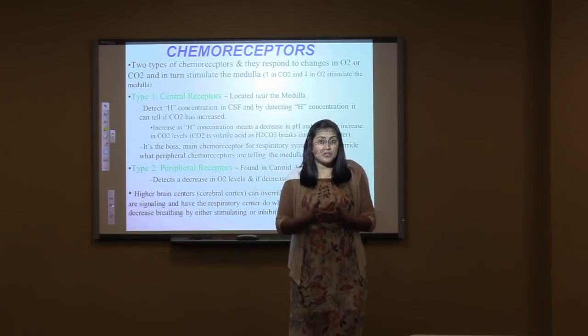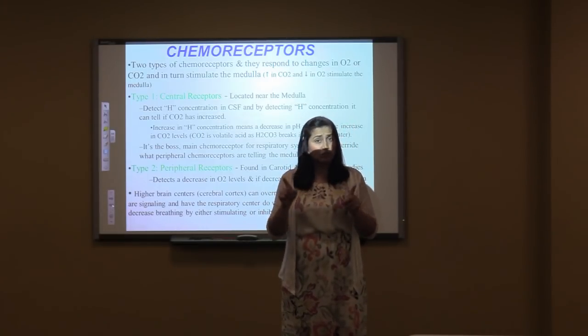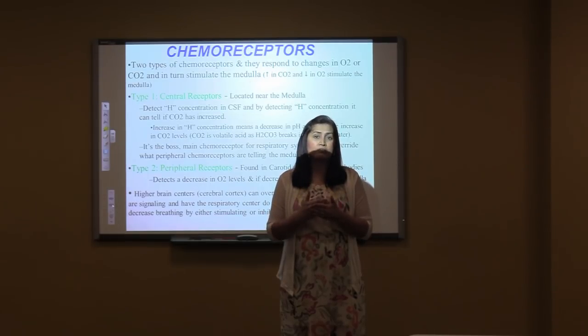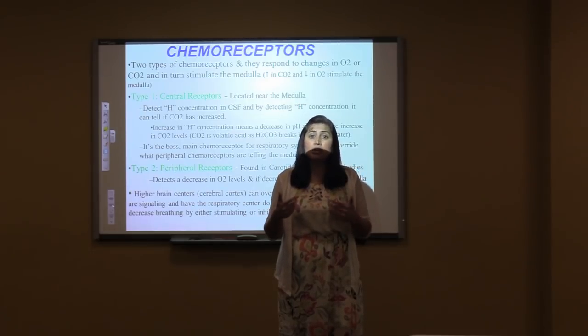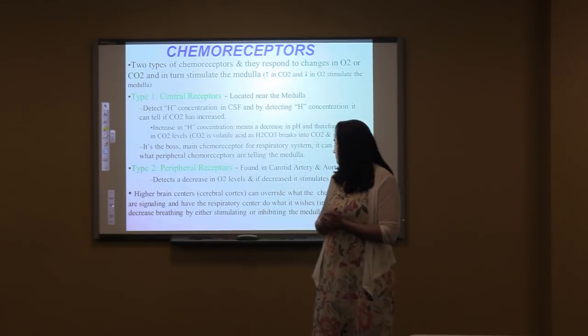Central chemoreceptors are found right around the respiratory center, the medulla oblongata, and their function is to monitor the hydrogen levels in the CSF. Anytime there's an increase in hydrogen levels in the CSF, it tells them that there are high levels of carbon dioxide and they get stimulated.